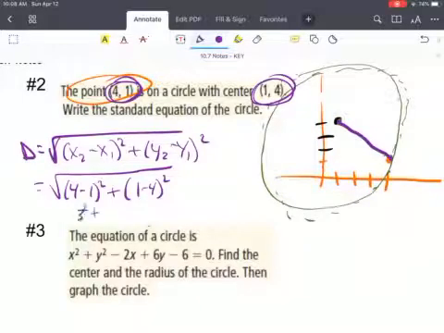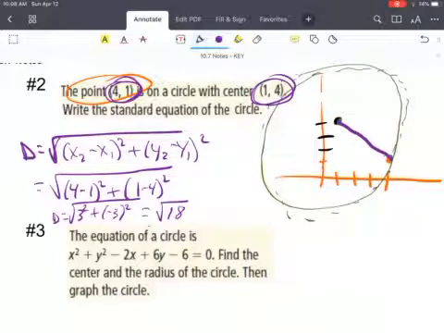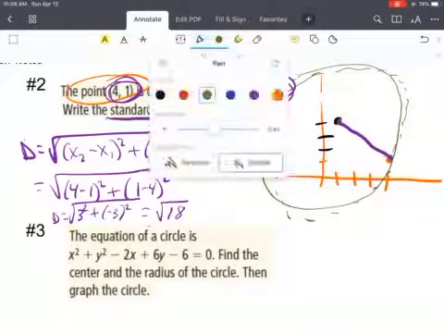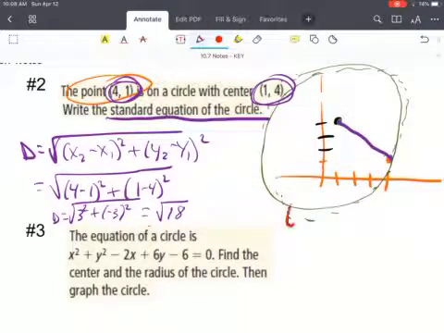I'm going to get 3 squared plus negative 3 squared, which is going to be the square root of 18. So then, plugging this into my standard equation of the circle. Remember the equation of the circle.